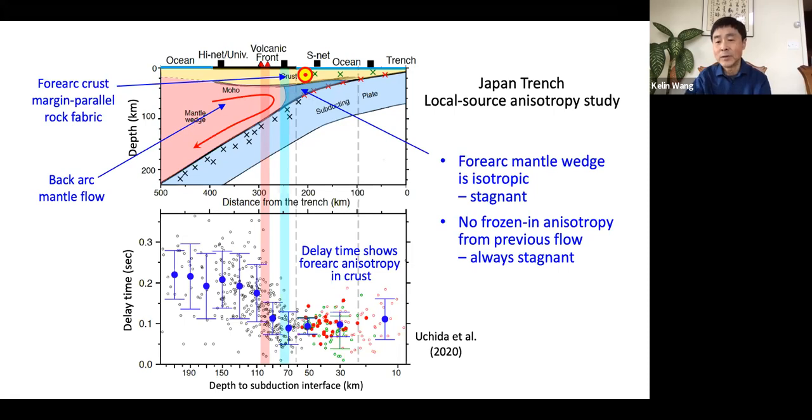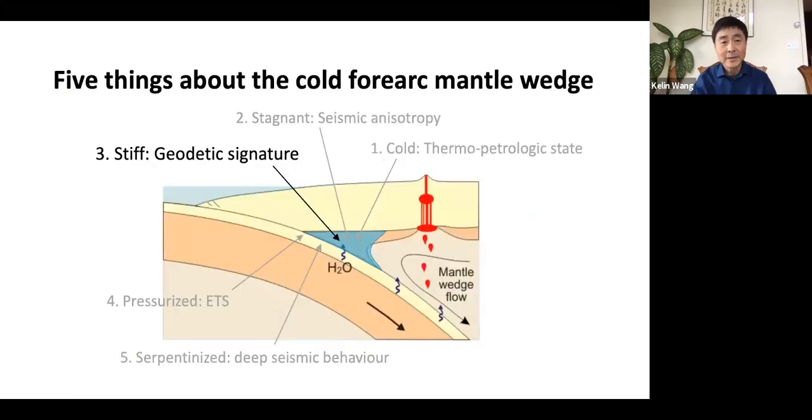And that leads to our third topic. I'm going to explain the Forearc Mantle Wedge corner is pretty stiff. And we know this by observing geodetic post-seismic deformation after large subduction earthquakes.